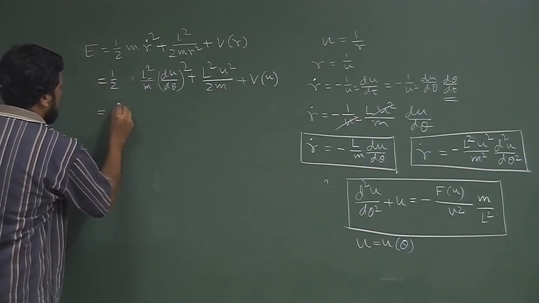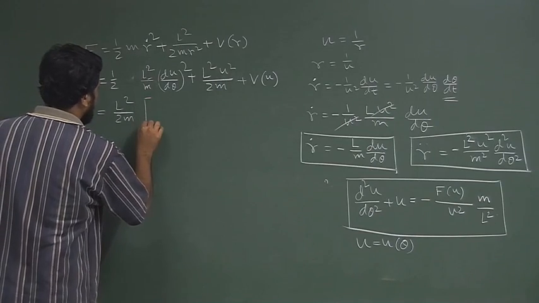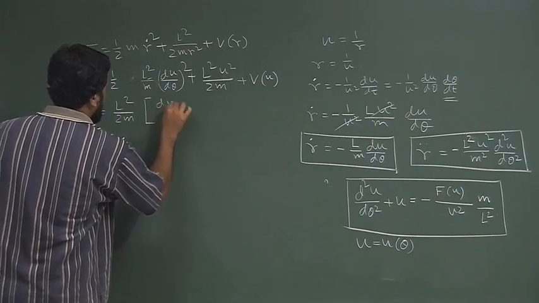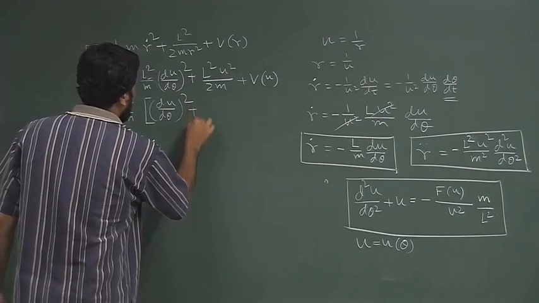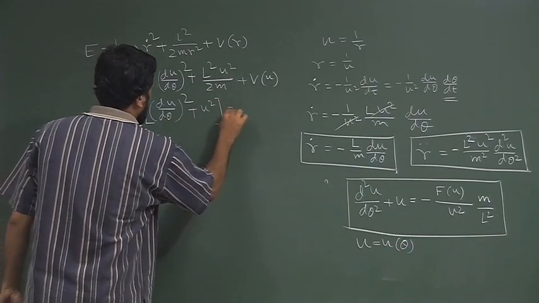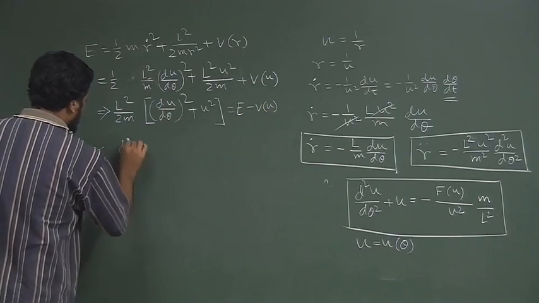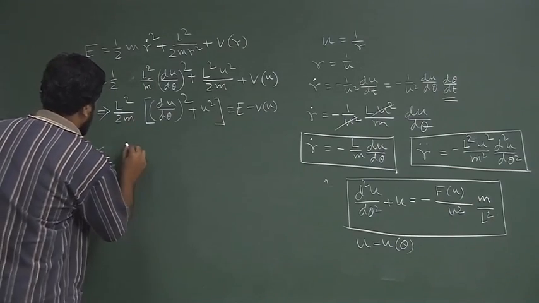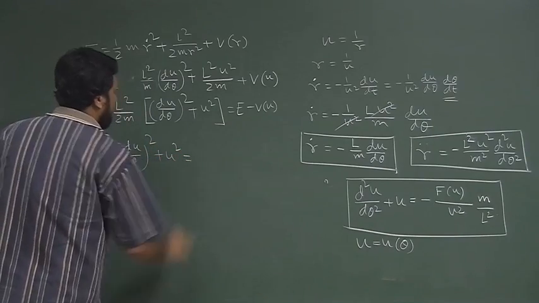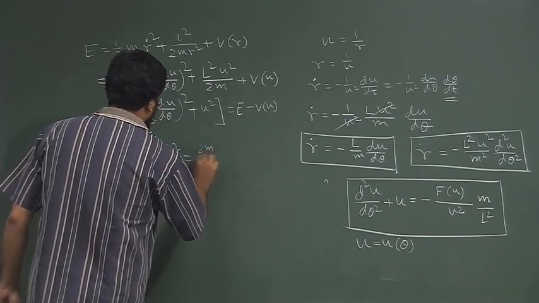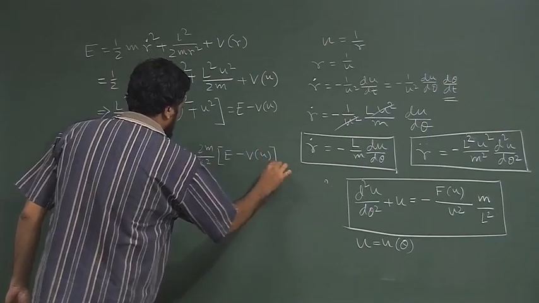So, (du d theta) whole square plus u square is equal to 2 m by L square times E minus V of u.